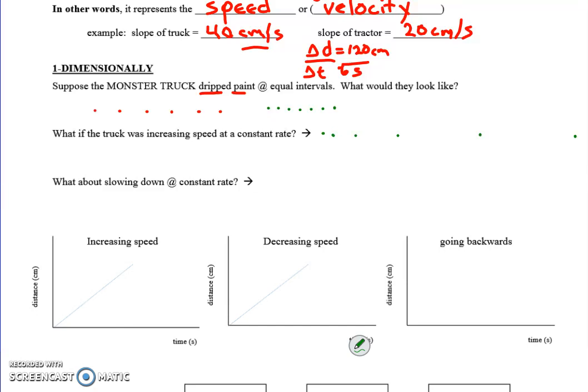So that shows going faster and faster. And slowing down, we're not covering as much ground per drip, so the dots would get closer and closer until we stop moving and we just build up on there. So we should be able to recognize constant speed, increasing speed, decreasing speed.